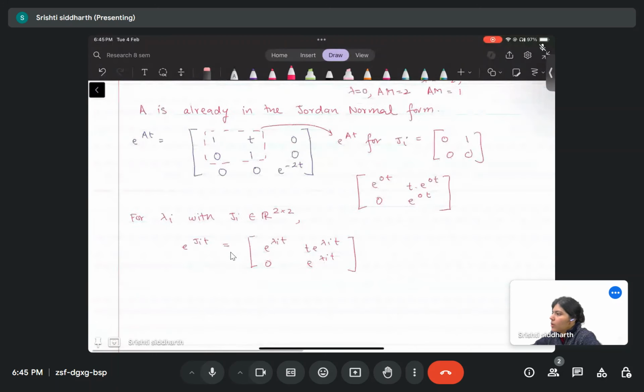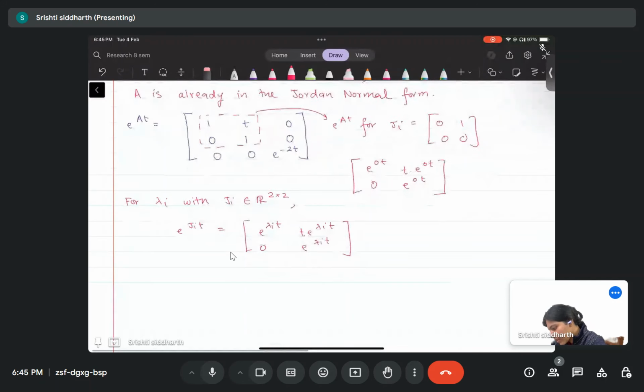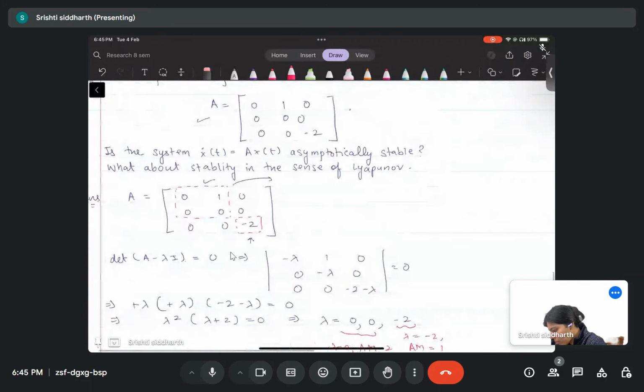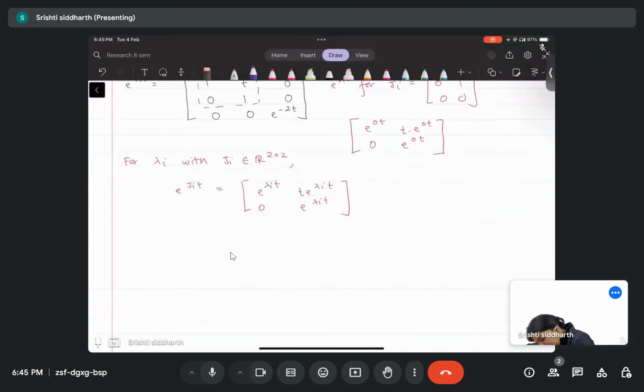Okay, so we have e to the power At, and we have to comment whether the system x dot equals A x of t is asymptotically stable. Okay. So let's say we have some initial condition, say x naught is 1, 0, 0.